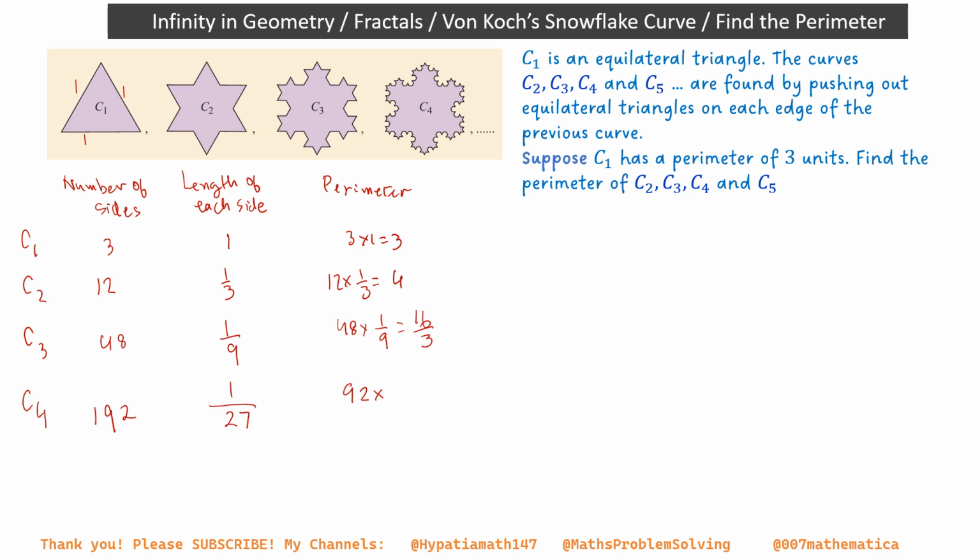This is 192, the number of sides. The length of each side is 1 out of 27. Simplify it. So 64 out of 9.